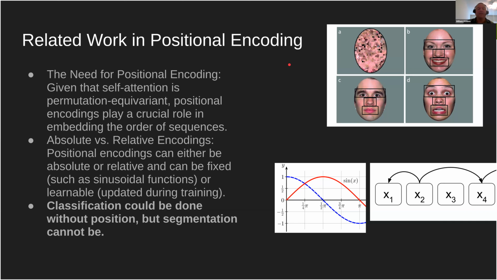That might be okay for very fast, very lightweight classification that doesn't require extreme accuracy and doesn't have a lot of potential classes to conflict with it. But for segmentation, where you need to know where the outline of a face or a brain is, that's not sufficient. So you have to add positional encoding.